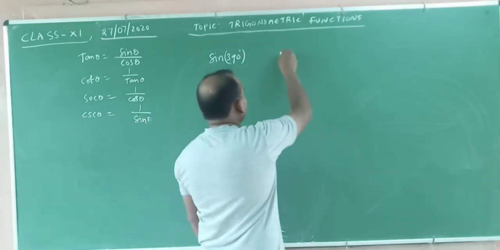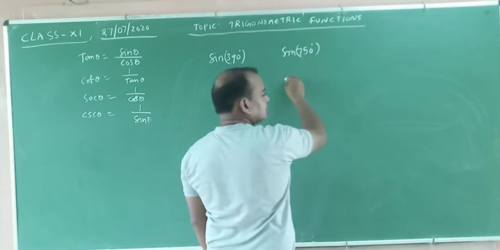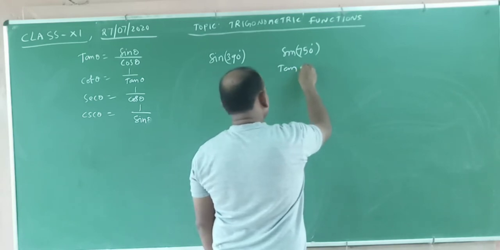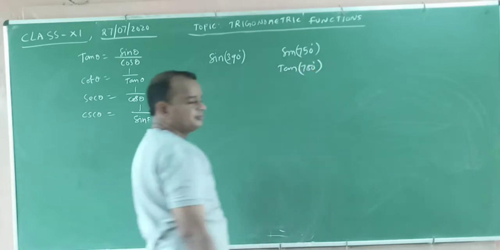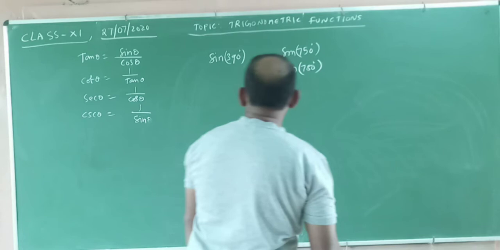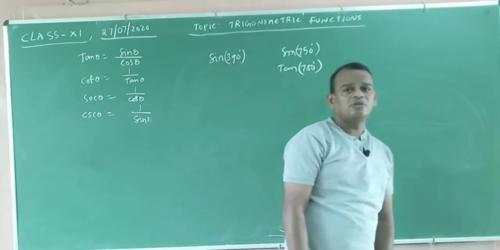Sin 390, sin 750 degrees, tan 780 degrees, whatever it may be. Sin 390 degrees, sin 750 degrees, tan 780 degrees. We will find these.